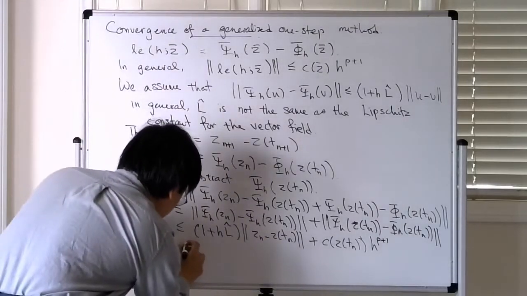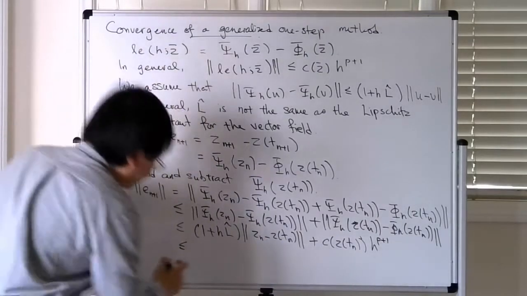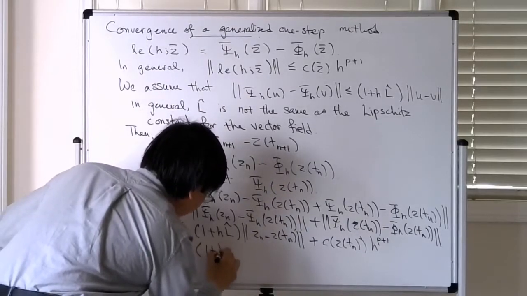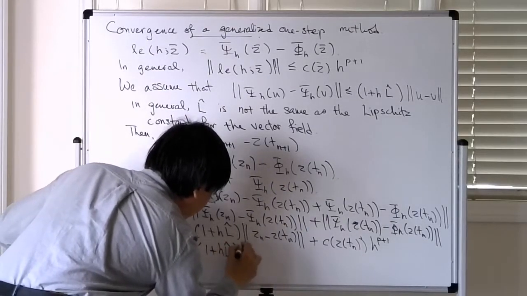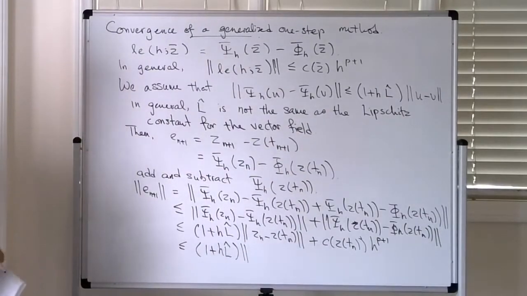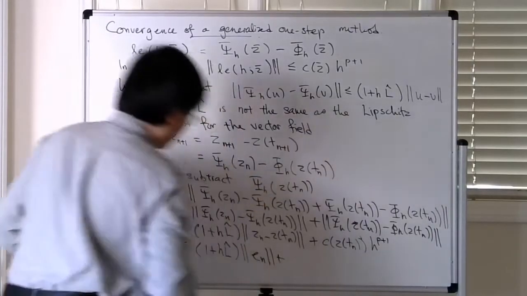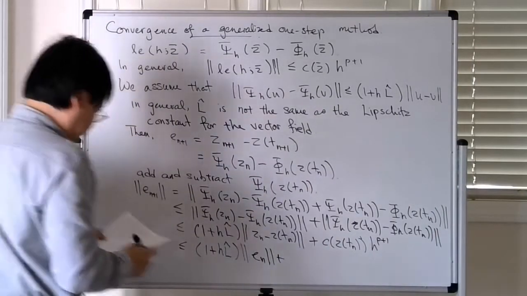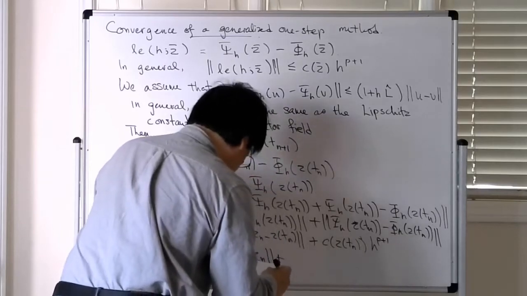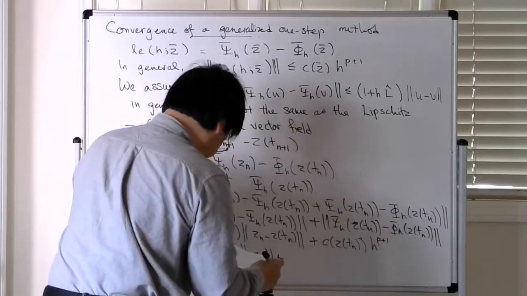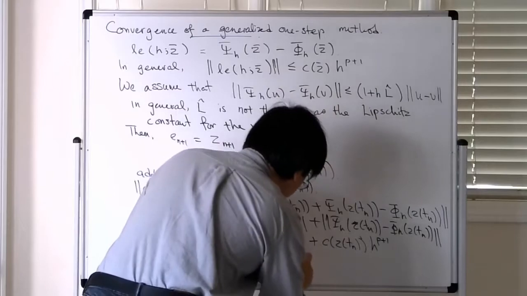Okay, and so now we have an error recurrence which looks like the following. 1 plus h L hat times the error at the nth stage, plus some constant, let's just call it C bar.